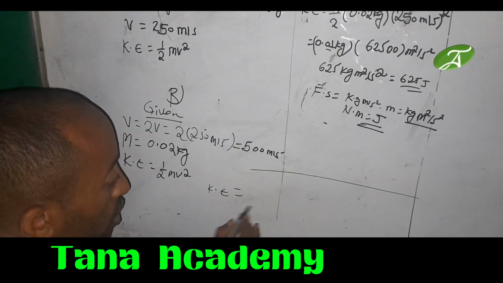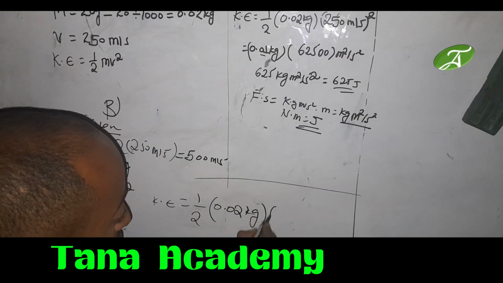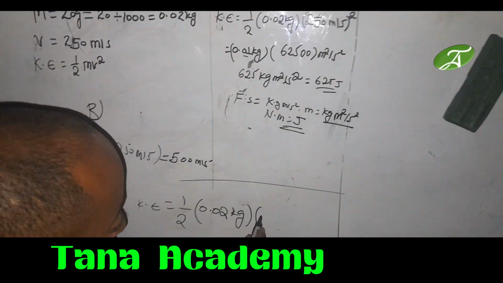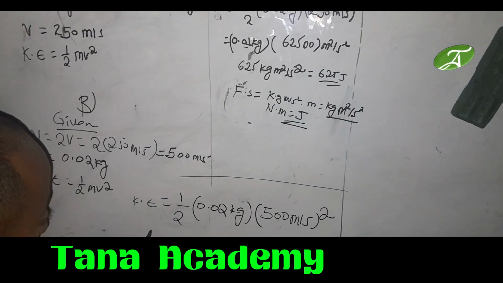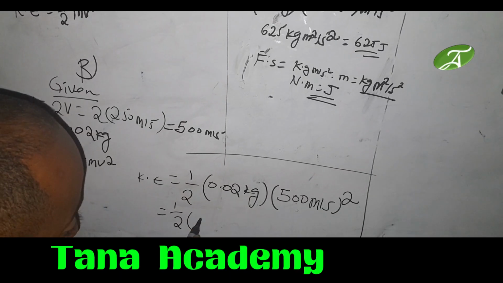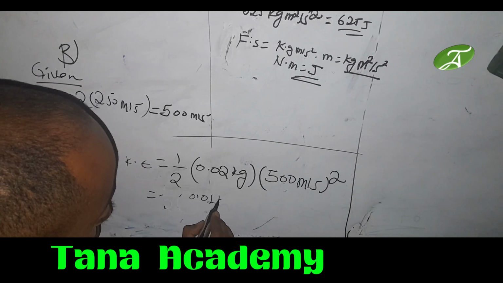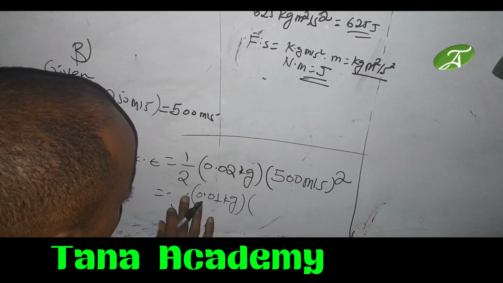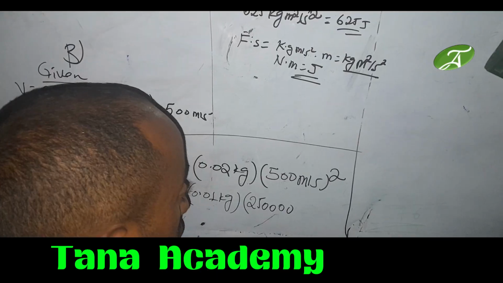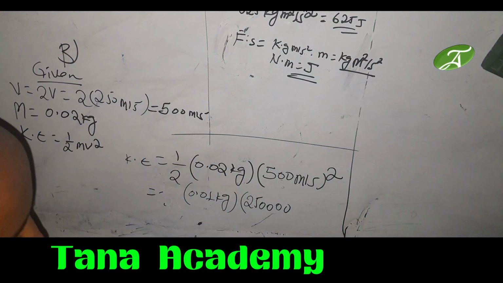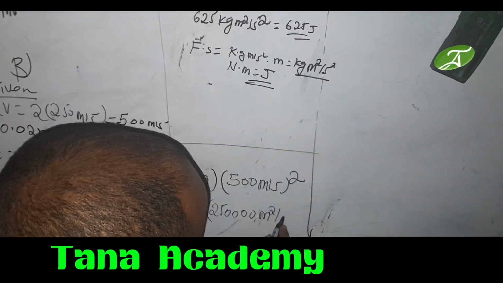Kinetic energy is equal to 1/2 mass, 0.02 kilogram, into V, 500 meter per second, the whole squared, is equal to 1/2 times 0.02, which becomes 0.01 kilogram, into 500 squared, which becomes 250,000 meter square second square.